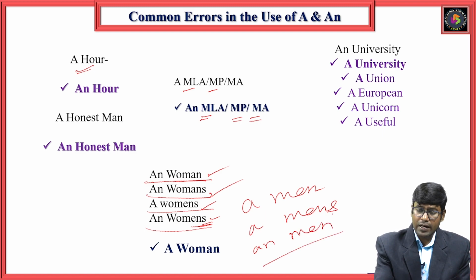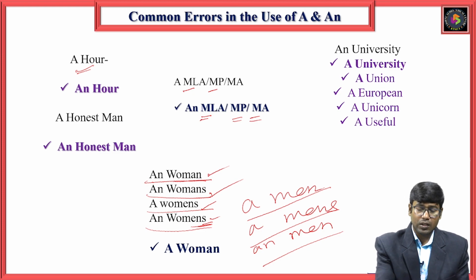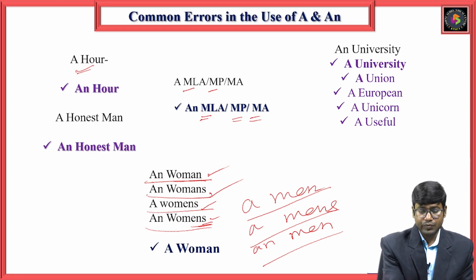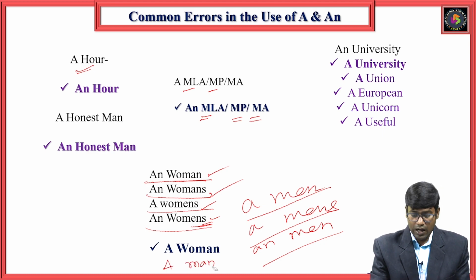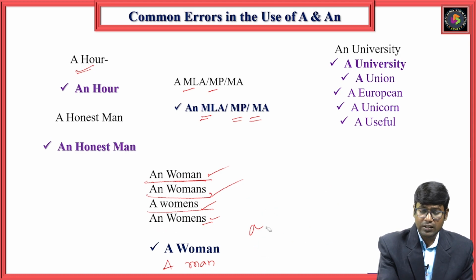This is the same pattern I observe in the classroom, that students make mistakes when they are in a hurry. So those are common mistakes. An woman is an error, an women's is also an error. It should be a woman's or a man, like this.